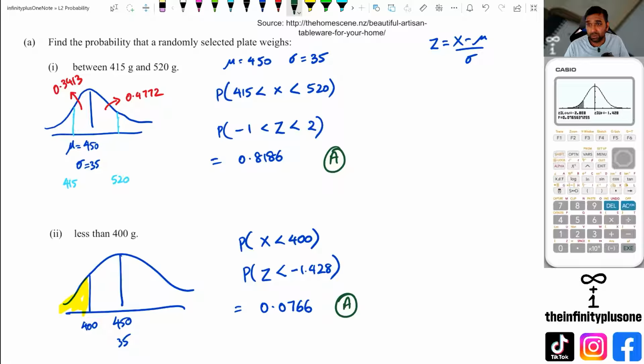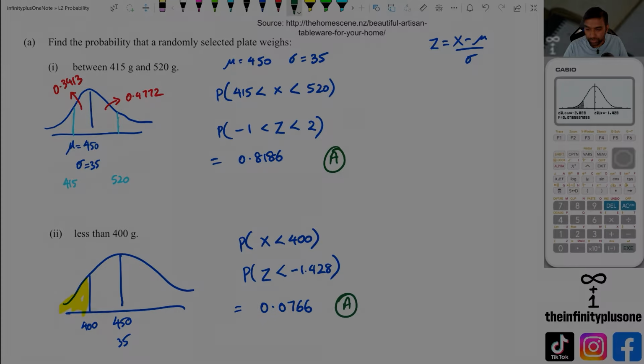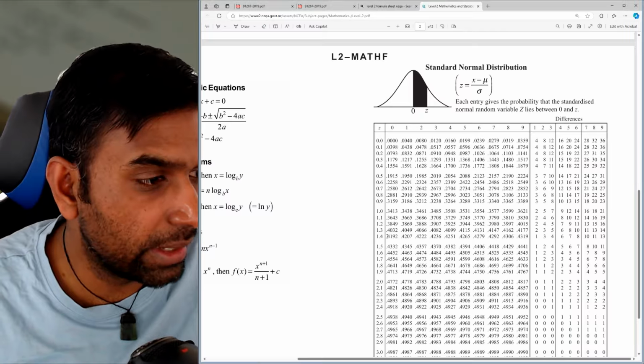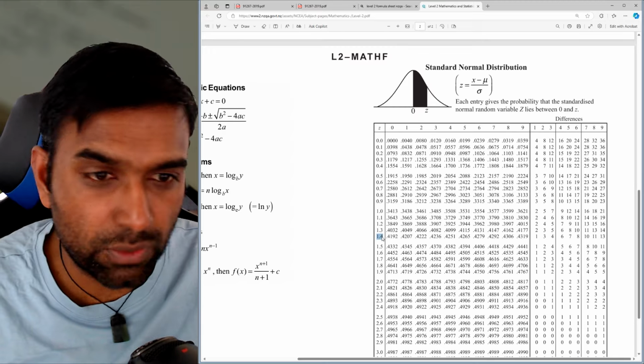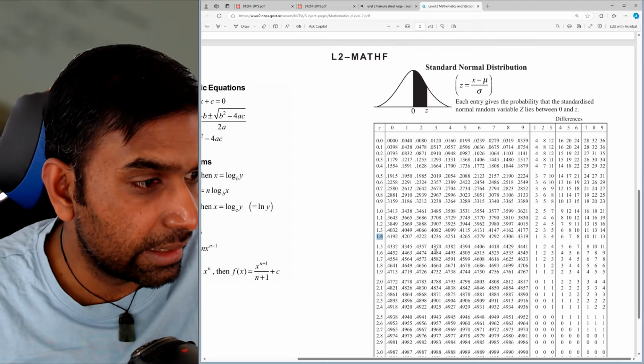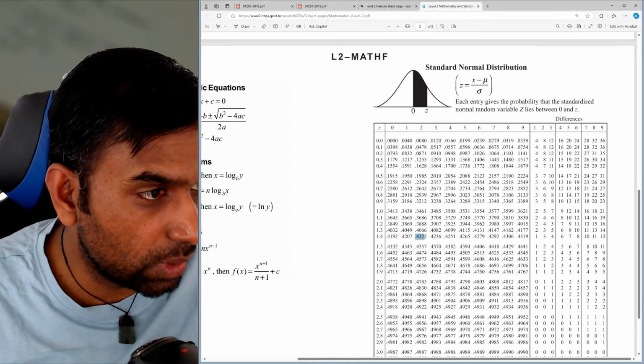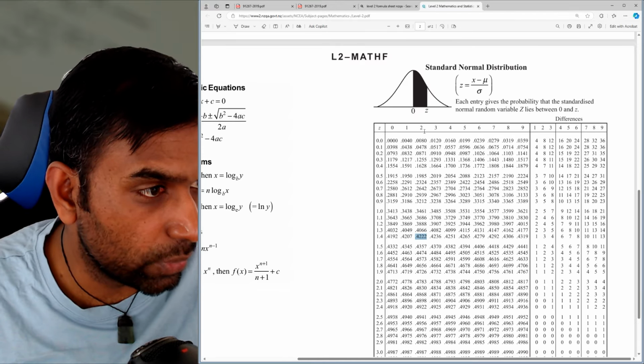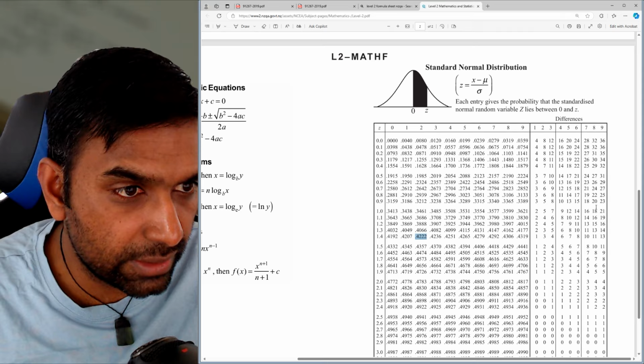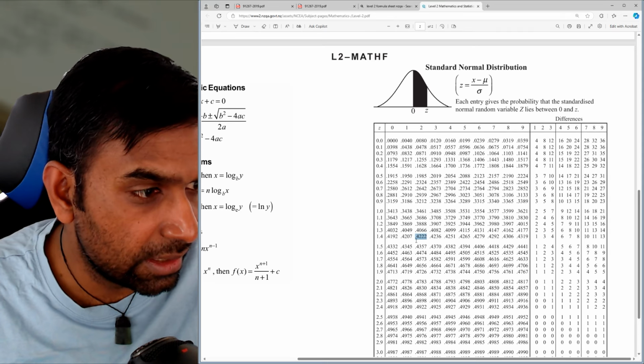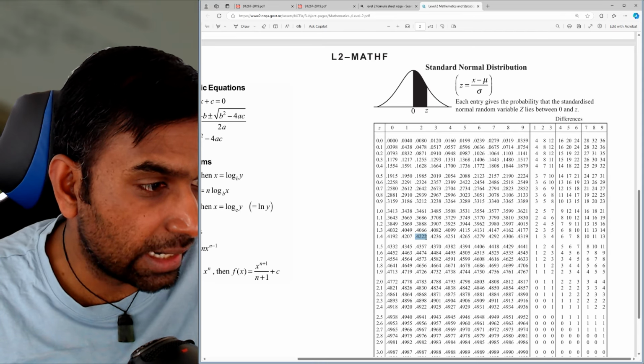Now you might be like, well, okay, quick crash course, really quick crash course. So what you would do is you look for positive 1.428, and the way you would do it is like you would track 1.4 here, then that's 1.42 because that's in 1.42. Then you got to go down to 8, which is 11, and you got to add 11 to the last two.